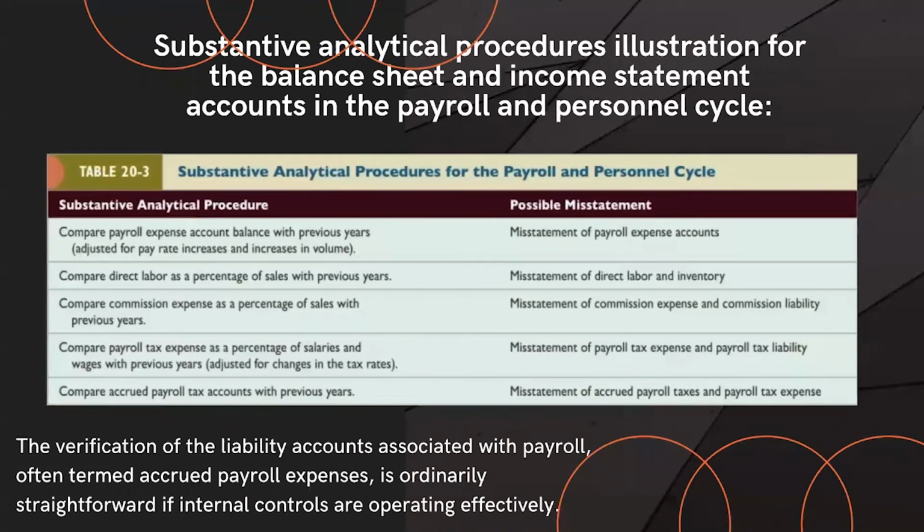Here we have a table explaining substantive analytical procedures for the balance sheet and income statement accounts in the payroll and personnel cycle. On the left side you have the substantive analytical procedures, and on the right side the possible misstatement. For example, the first one is to compare the payroll expense account balance with previous years, and the possible misstatement in this case can be in the payroll expense account.